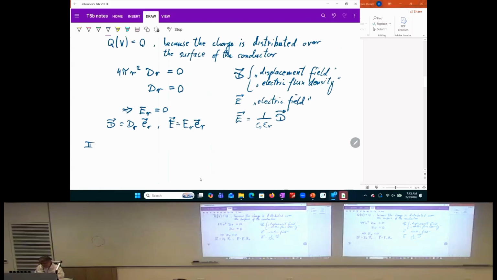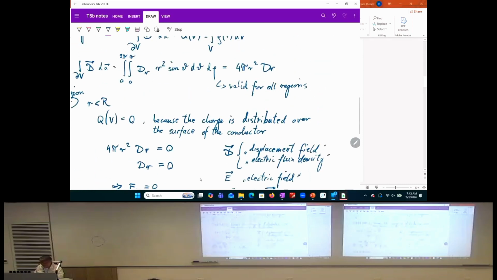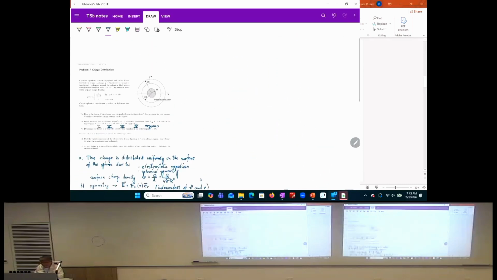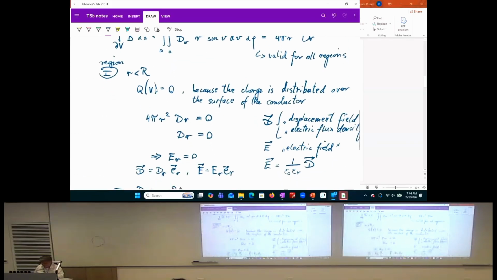Now, region 2, that is where our small r is larger than R, but smaller than 2R. So this is basically the region where, yeah, there is some material in here, but there are no free charges in here. There's no sources to the field.